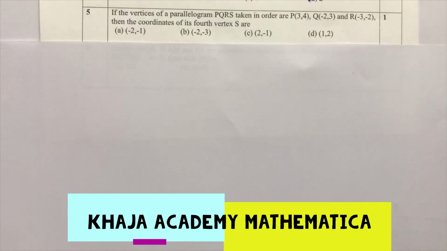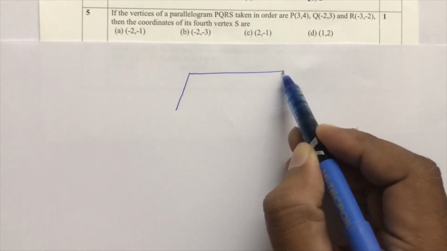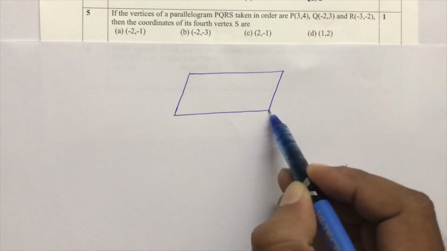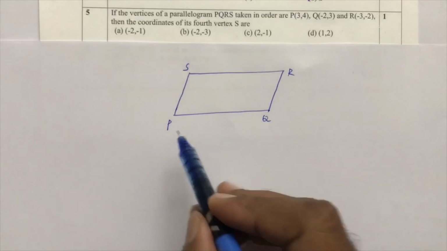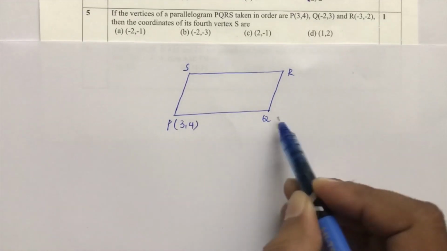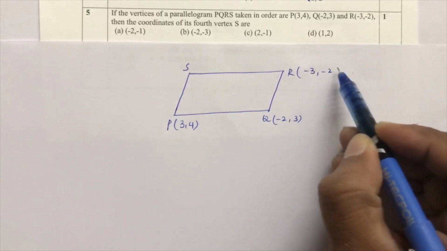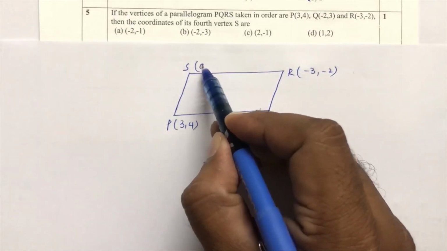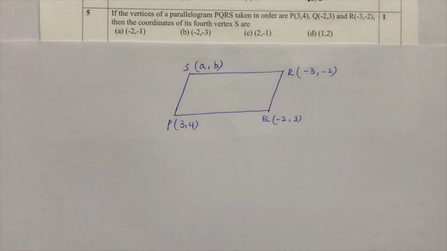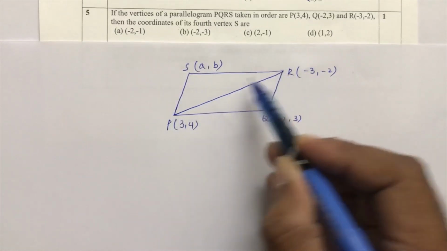If the vertices of a parallelogram PQRS taken in order are the vertices of a parallelogram. So here see, these are the vertices of a parallelogram P, Q, R, S. The value of P is 3, 4, Q is minus 2, 3, R is minus 3, minus 2, and we need to find the fourth vertex. So fourth vertex I will consider as A, B. Now I need to find the fourth vertex S. So here I'll use the property that diagonals bisect each other.